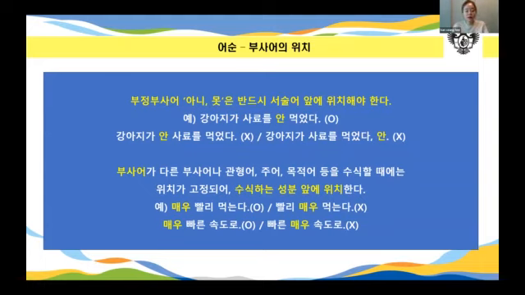Let's read the examples. 매우 빨리 먹는다, it's right. But on the right side, 빨리 매우 먹는다, it's wrong. And also, 매우 빠른 속도로, it's right. But 빠른 매우 속도로, it's wrong.